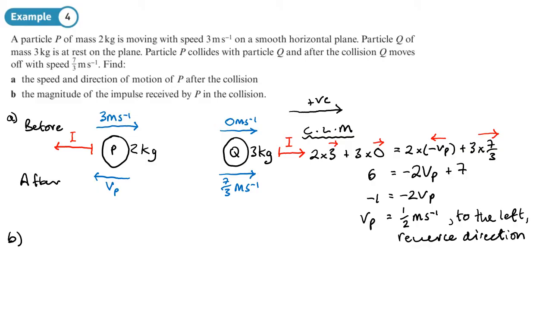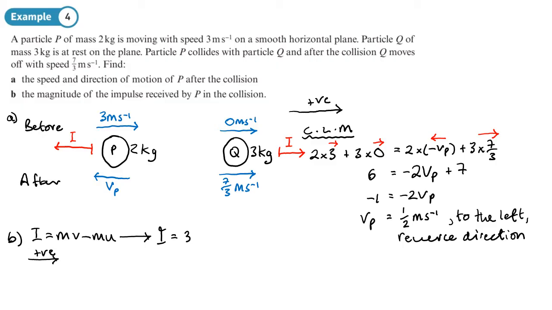Right, so impulse is change in momentum, so mv minus mu. I want to take a direction as positive. Now, since I'm using this one here and the impulse is pointing that way, let's take that direction as positive. So I'll get a positive answer for my impulse.